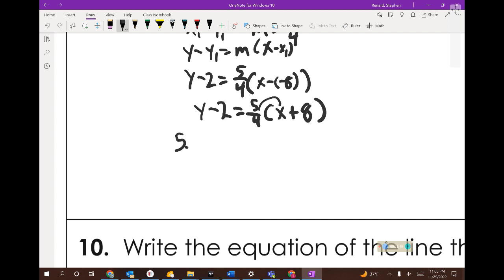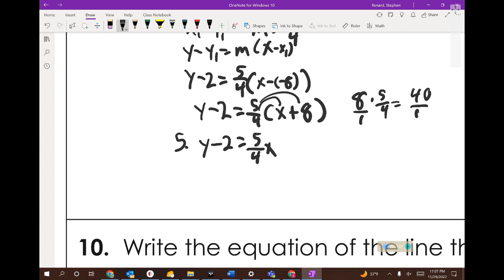So we want to distribute that slope. 5/4 times x is simply 5/4 x. And then we're going to go 8 times 5/4. And remember, when we have a whole number times a fraction, we put that whole number over 1 and multiply across. So we end up with 40/4, which is 10.